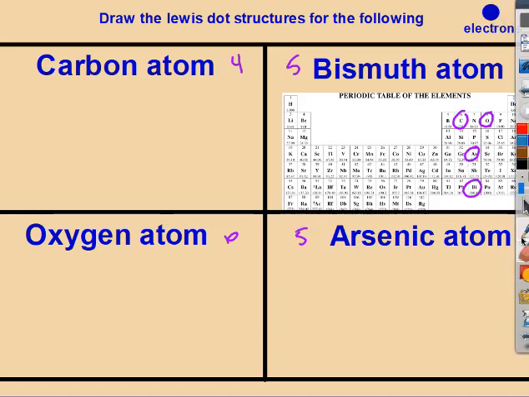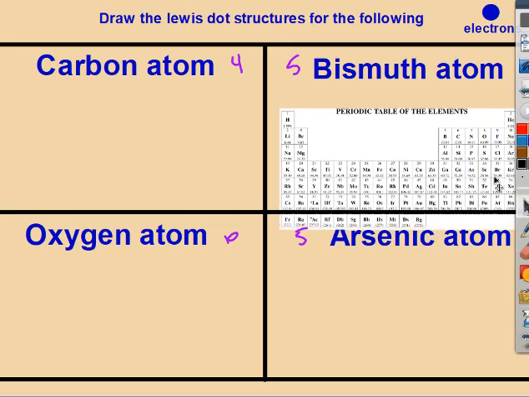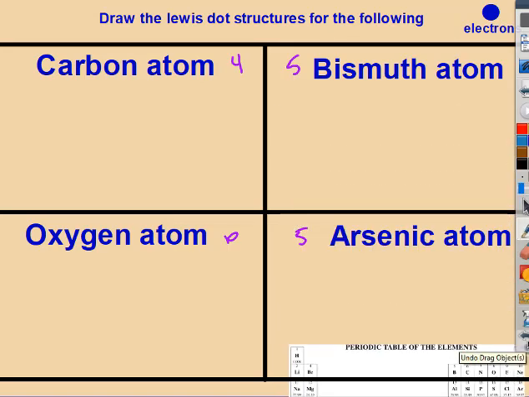So the first thing you should have figured out was how many valence electrons your atom has. Next, you draw the symbol of the atom, so carbon, and then you add your dots. So 1, 2, 3, 4. You should have 2 that are paired, 2 that are unpaired.